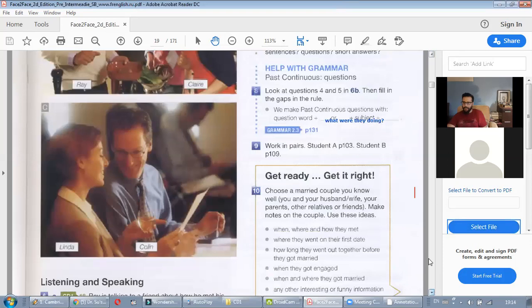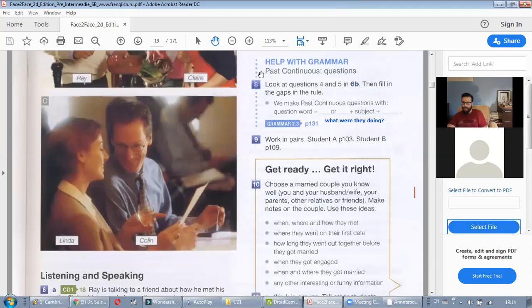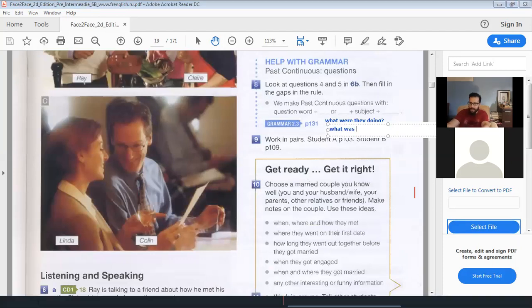So what was Ray doing? Let's write question number 5 here. What was Ray doing? All right, so this means here we use a WH question word, then we use was or were. So it depends.